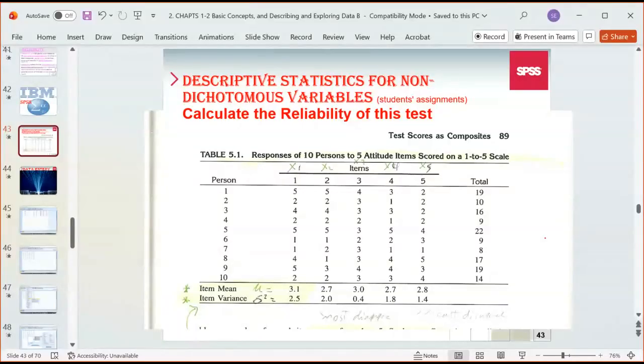So keep in mind, let's say we have 10 people here, and you have 5 items. You give them 5 essay questions, and these are their scores out of 5. The first person got 5 on the first question, 5 on the second, then 4, then 3, and 2.